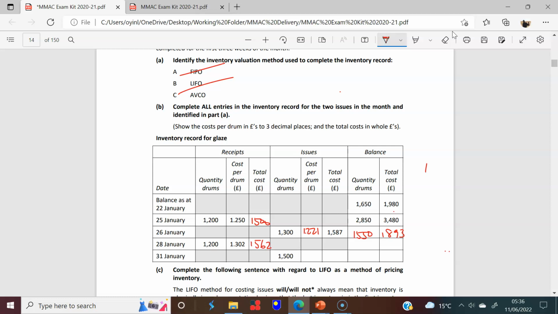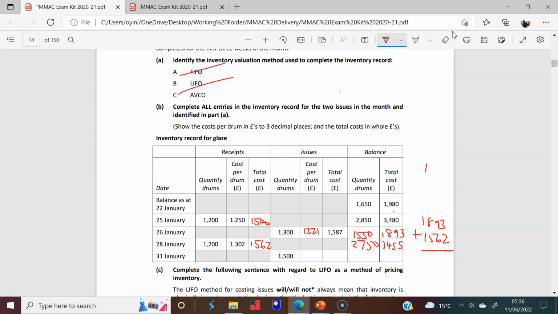The 1,550 plus the 1,200 is 2,750 units, and you have a value of 1,893 plus 1,562, because you're adding the values together. That gives you 3,455. So now I have 3,455.